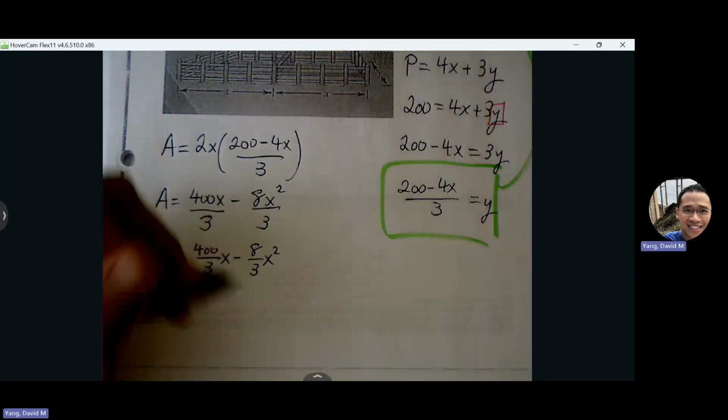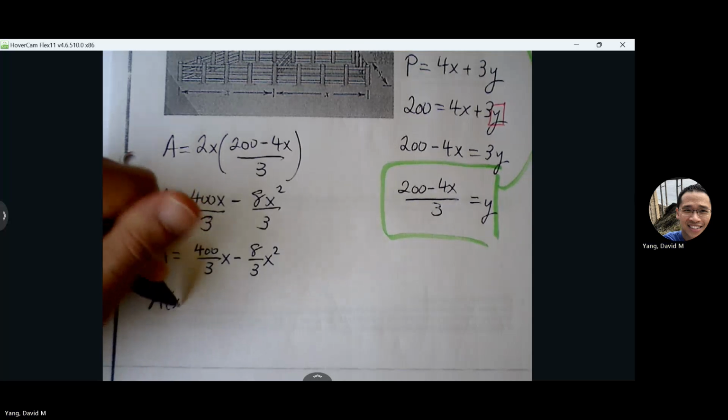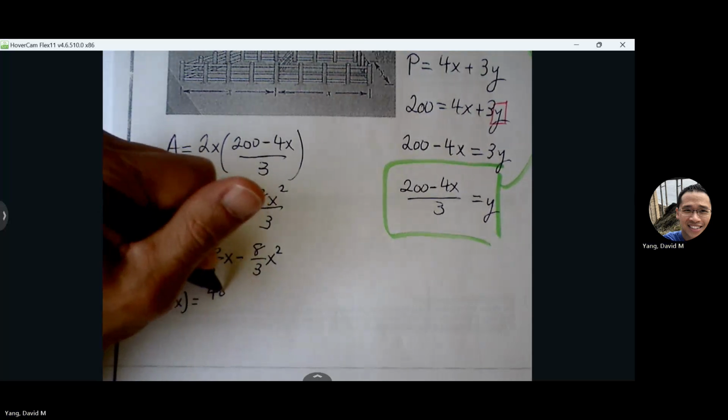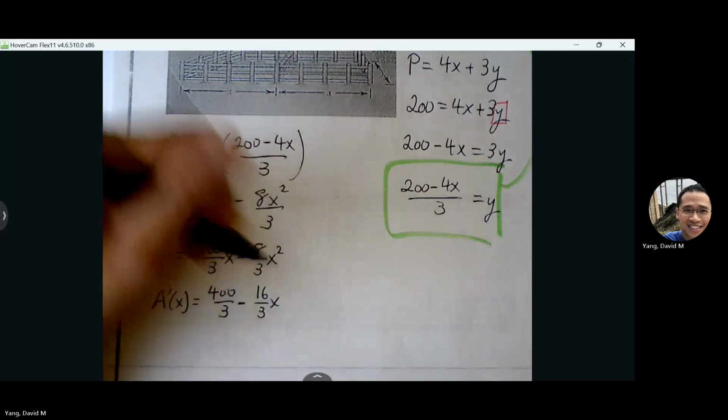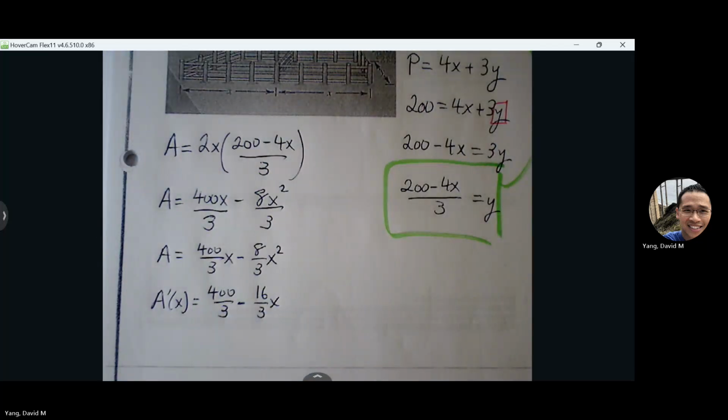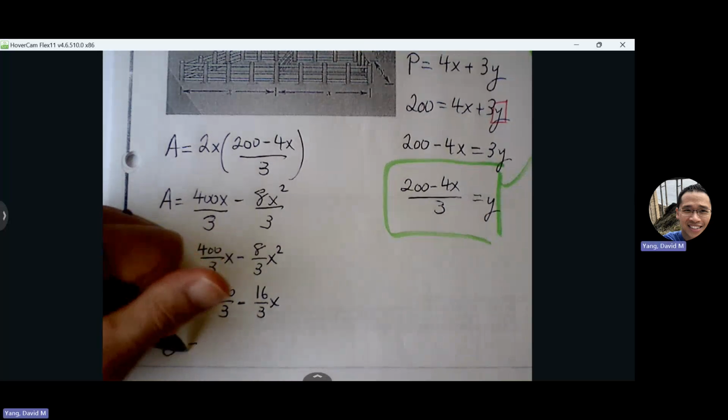Okay, find A prime. Power rule is all we need. Set equal to 0, and then solve for x.